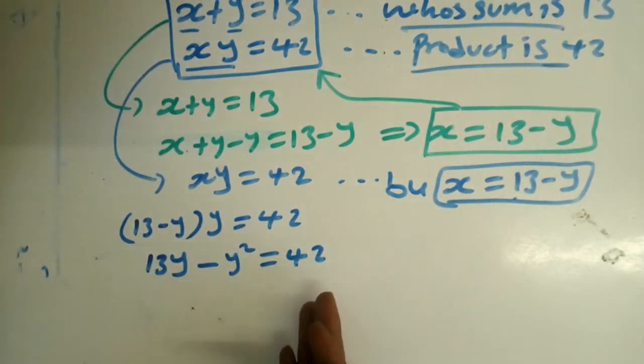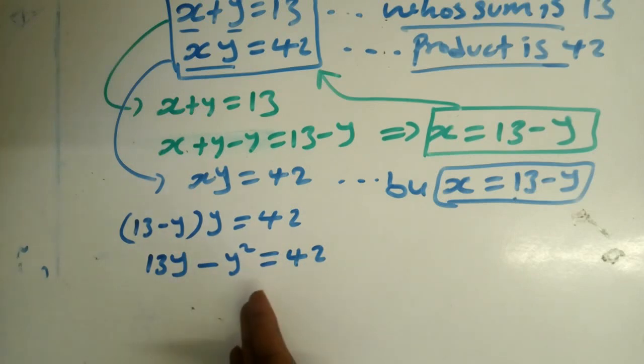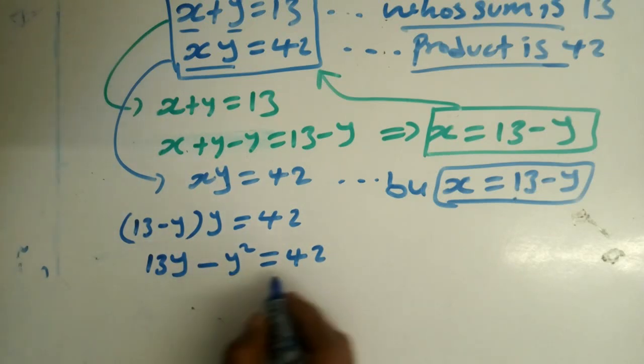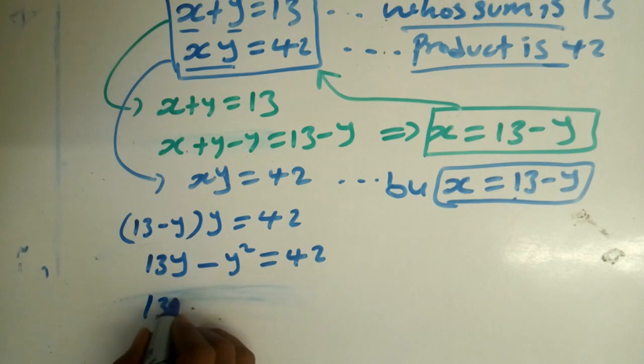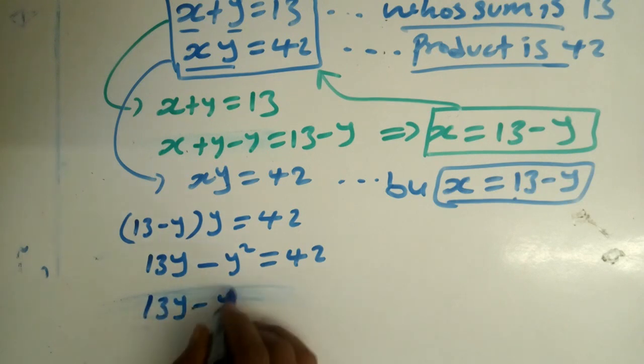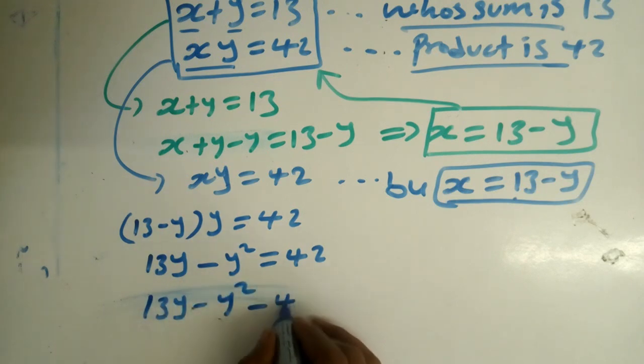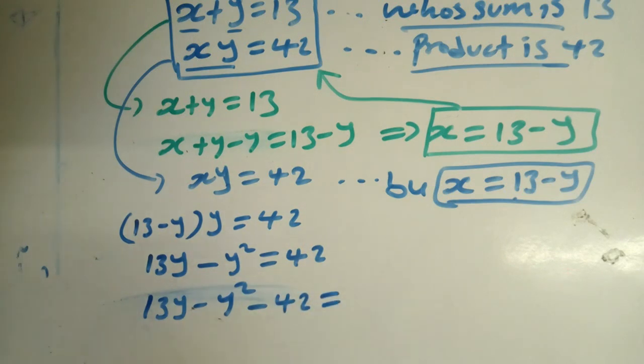Let us collect all the terms to one side. Let us collect to the left side. 13Y minus Y square minus 42 is equal to 0. As you can observe, this is a quadratic equation.